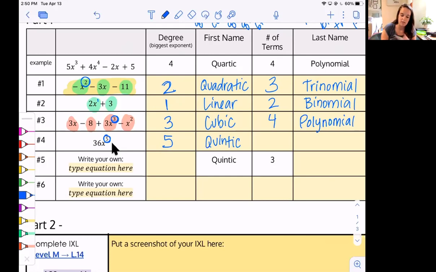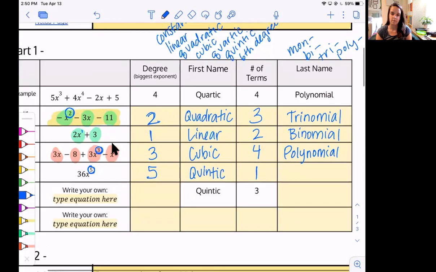Good job, Angie. There's one. So then what kind of nomial is this? A monomial, yep. A monomial. All right, good job, team.